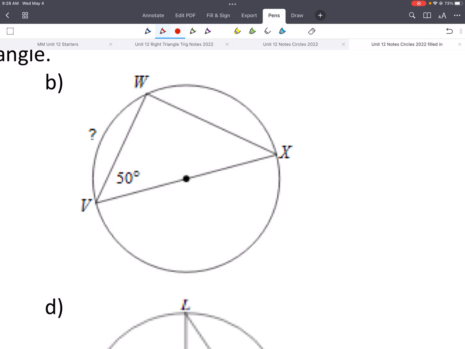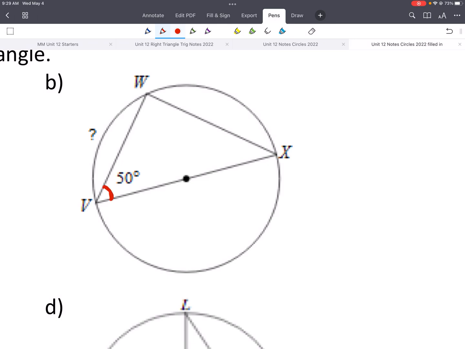All right, so next, we need to find this arc. Okay, so there are different ways to do these problems. Sometimes some are easier than others, so just keep that in mind. I'll show you an example here. There are 2 ways you could go about doing this. Here is our angle.